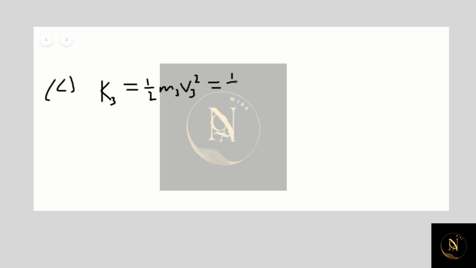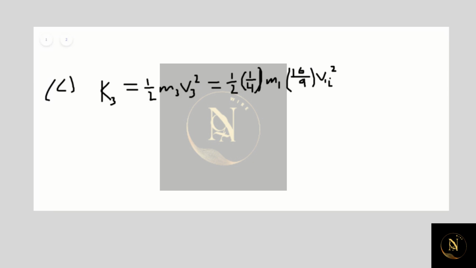M3 is 1/4 M1, so this is 1/2 multiplied by 1/4 M1. And then V3 squared is 16/9 squared times V1 initial squared. This is because V3 is 16/9 V1.